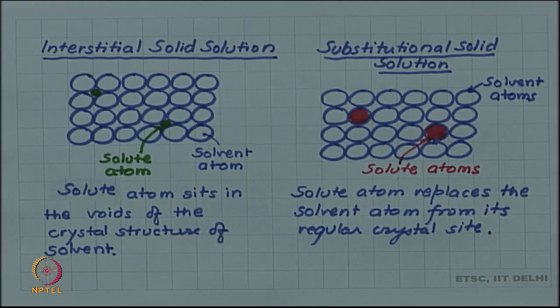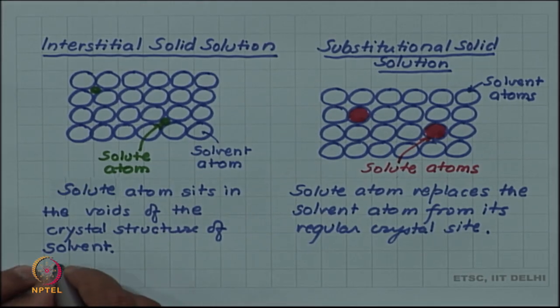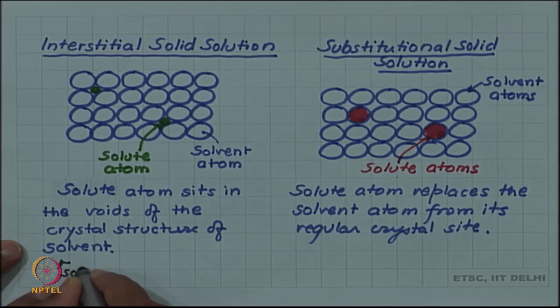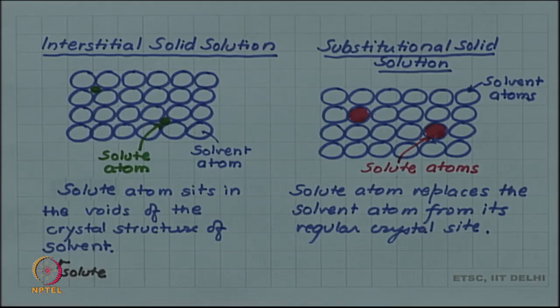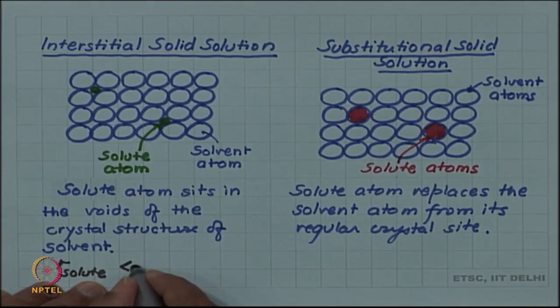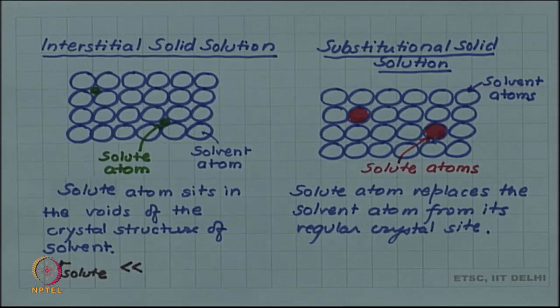One thing from this picture that is obvious, and is true in reality, is that since the solute atom has to fit in the voids, the radius of the solute atom, let us say R solute, has to be significantly smaller than the radius of the solvent atom.